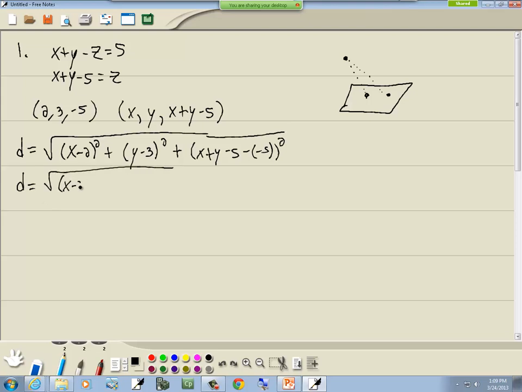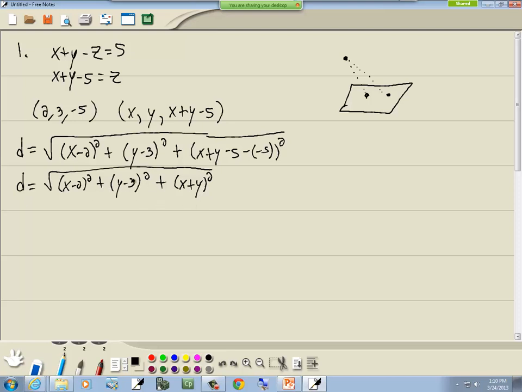Which gives us x minus 2 squared plus y minus 3 squared plus negative 5, and negative negative becomes a positive 5, so those cancel, and we've got x plus y squared. So that's our distance we're working with.